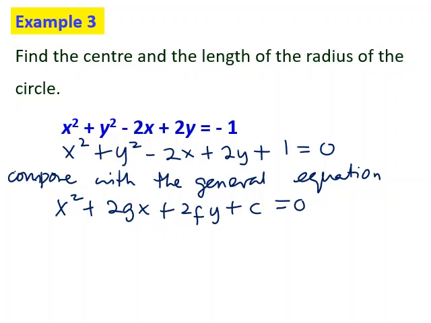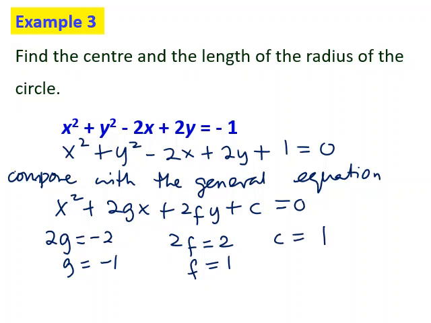So from here we can write 2g = -2, so g equals -1. Then 2f = 2, where f equals 1, and c in this case equals 1.